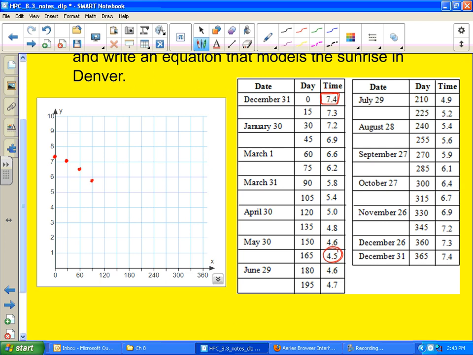So we're going to go out to 165, right about here, and then go up to 4.5, and that puts us roughly right there. So we can see we've got this shape that occurs between this maximum value of 0, 7.4, and this lowest point of 165, 4.5.